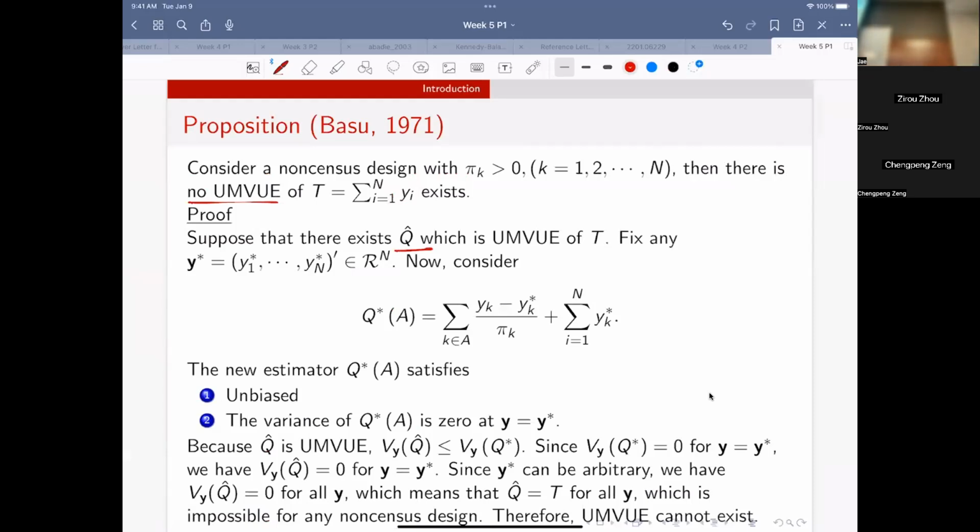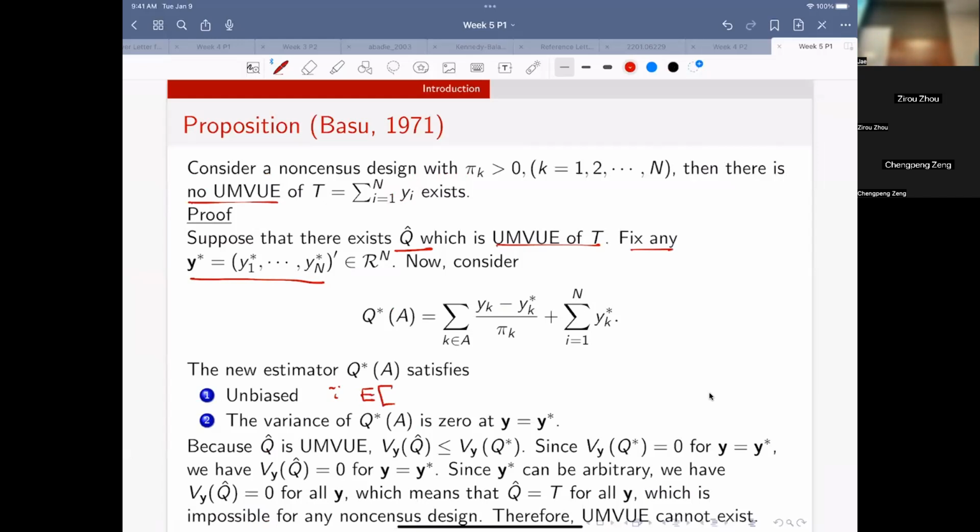So suppose you have a UMVUE, say Q. Given that, for any fixed value, this is a particular population vector, you construct this new estimator, Q star. This new estimator is unbiased. Why?